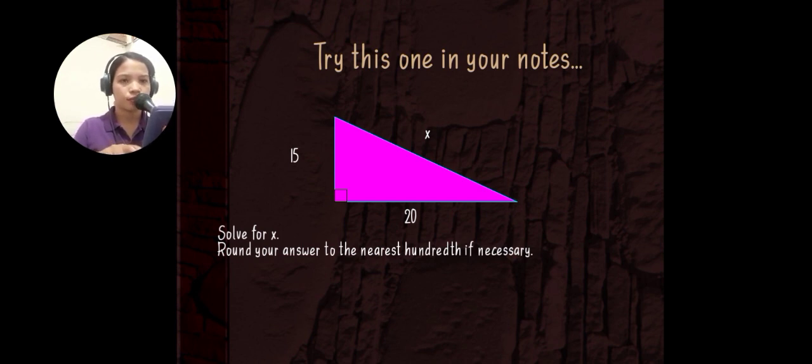So, the square root of 15 squared plus 20 squared is equal to 25. So, the answer of this example is 25.